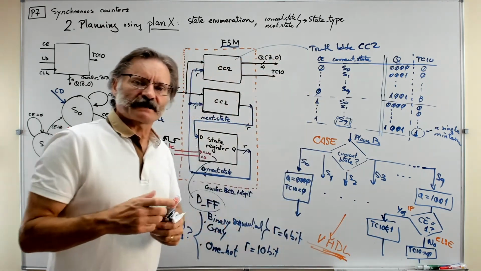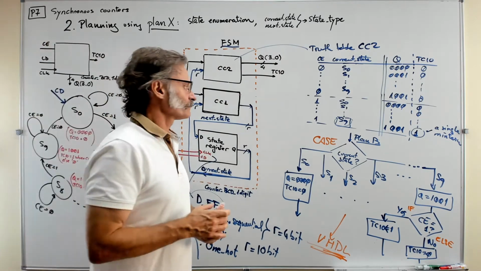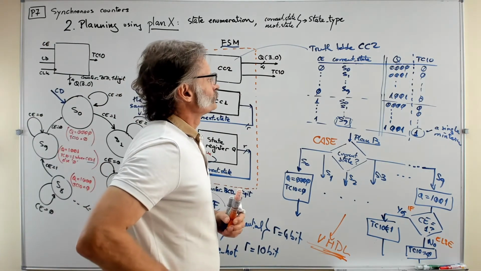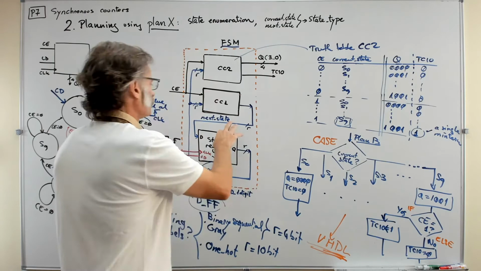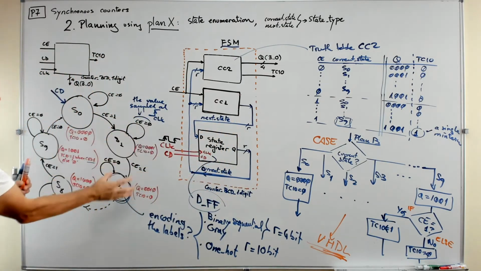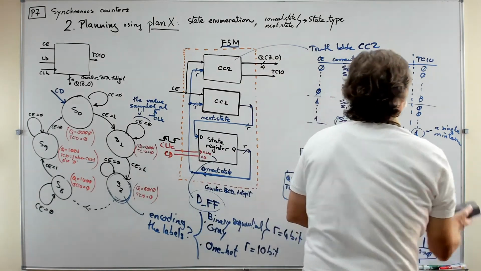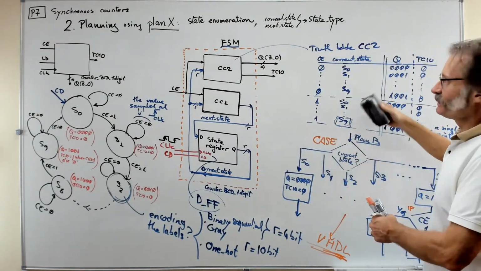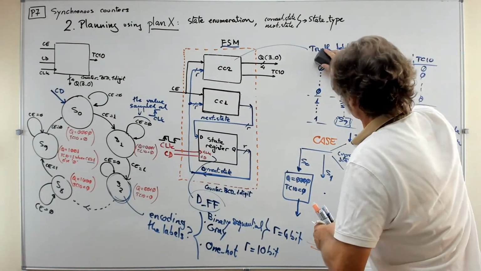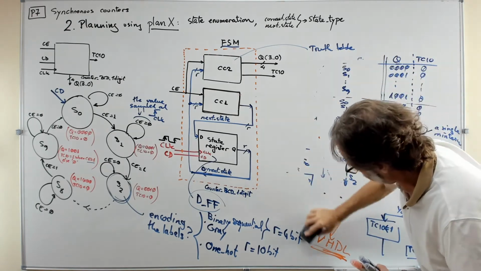And you can do exactly the same for the CC1, no problem. Perhaps the CC1, because it's about implementing the arrows, is in some way even simpler. Well, this one is extremely simple, but you can implement the other one in the same way.